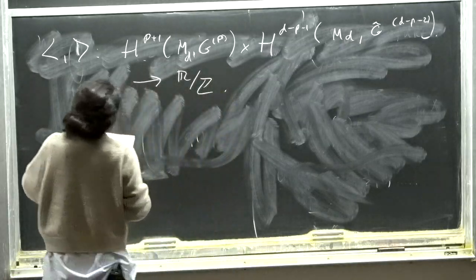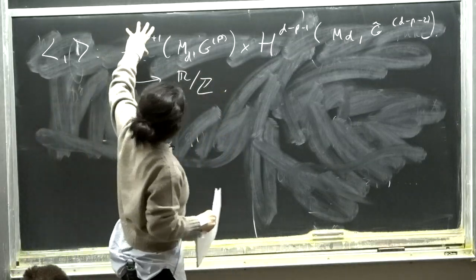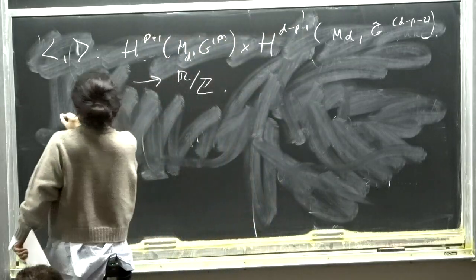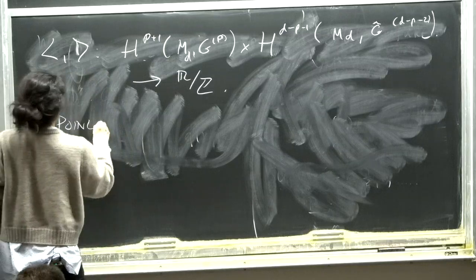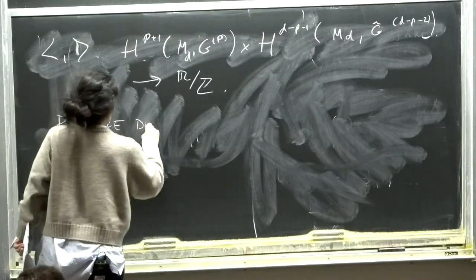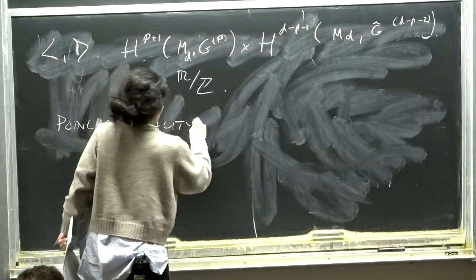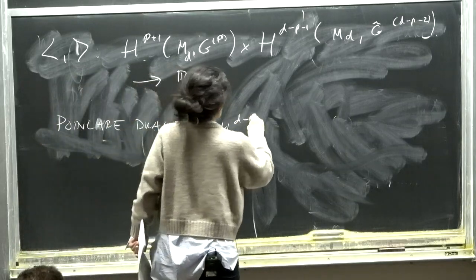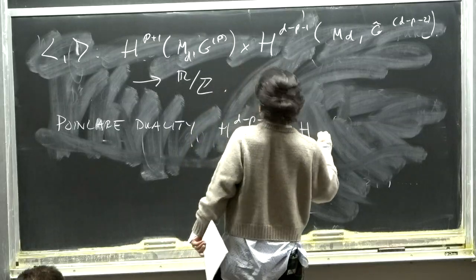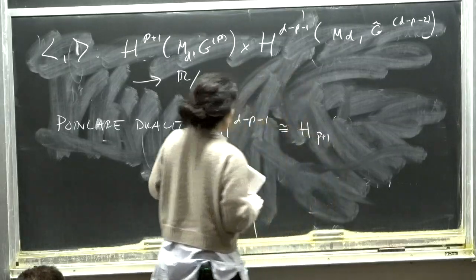So the first observation is, in terms of forms, I can dualize these forms. I can use Poincaré duality and map this H^{d-p-1} to H_{p+1}.